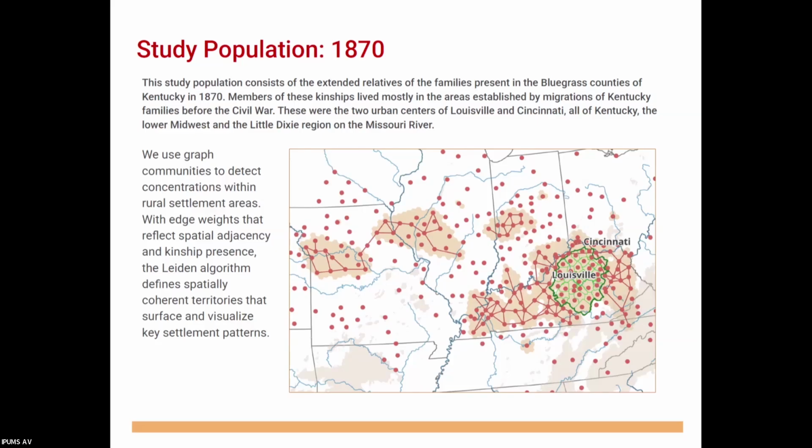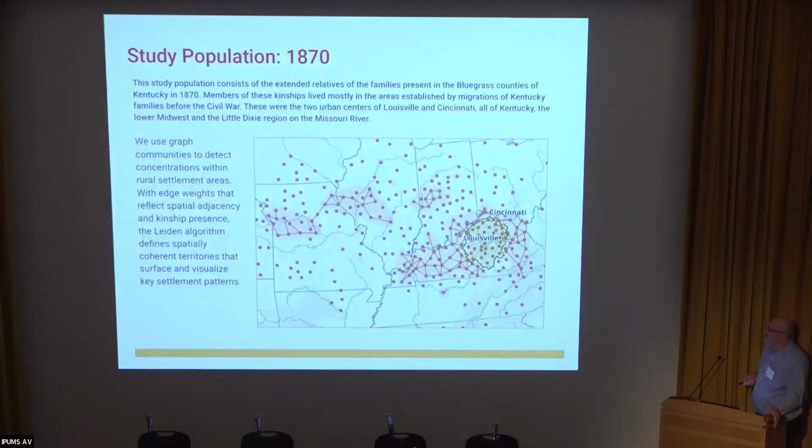I want to say something about how we find these concentrations. I use a graph method called the Leiden algorithm, which essentially tries to find nodes that are close to each other in relation to the weights on the edges. So in this case, the weights are partially adjacency and partially the size of the 2 nodes, the family presence.